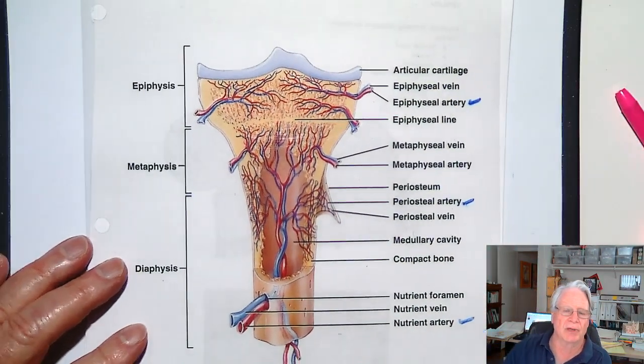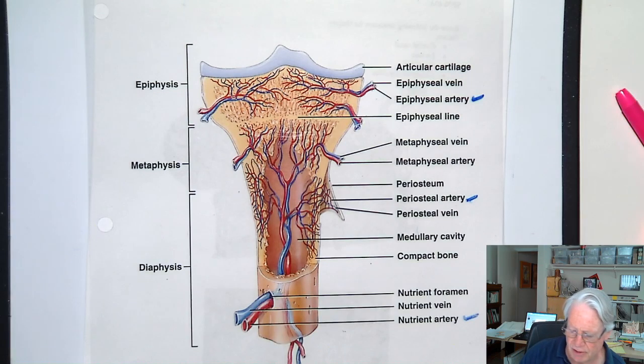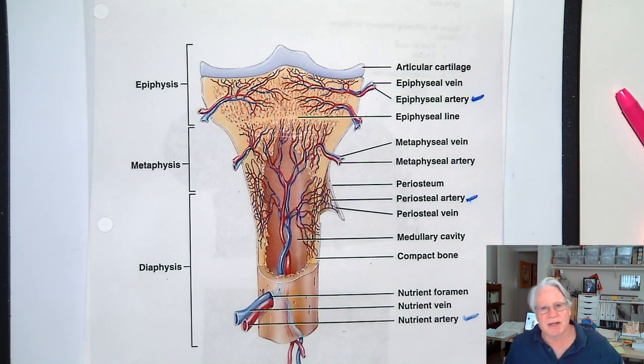Does anybody recognize that bone? To me, it looks like the tibia. Flat top with the two condyles at the top, so that would be forming the knee joint. So this is a long bone, as you can see.